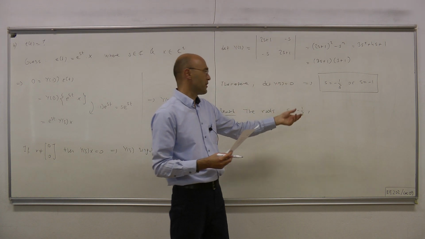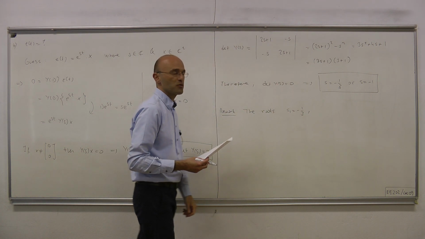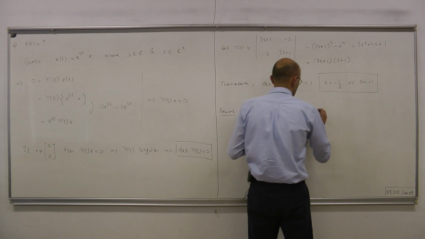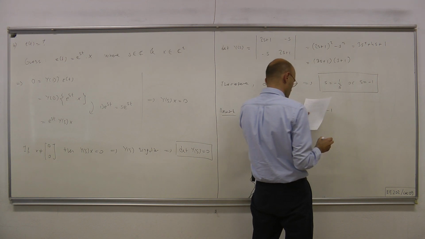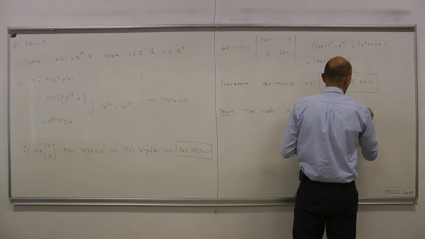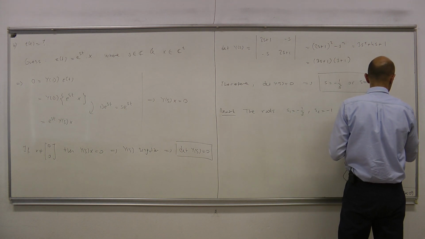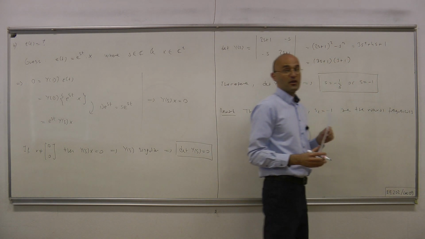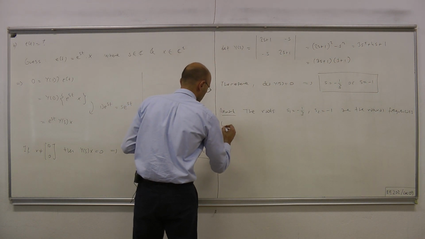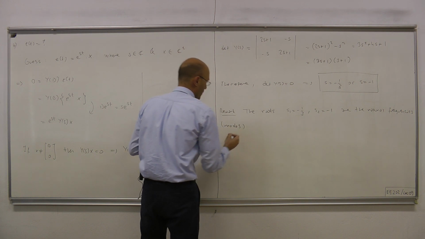Without loss of generality, let the first root be minus 1/3. s2 equals minus 1 are the natural frequencies. Sometimes they're called the modes of the circuit.